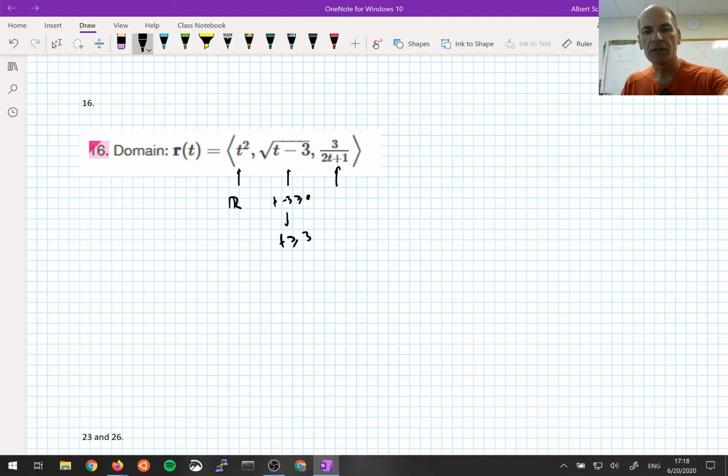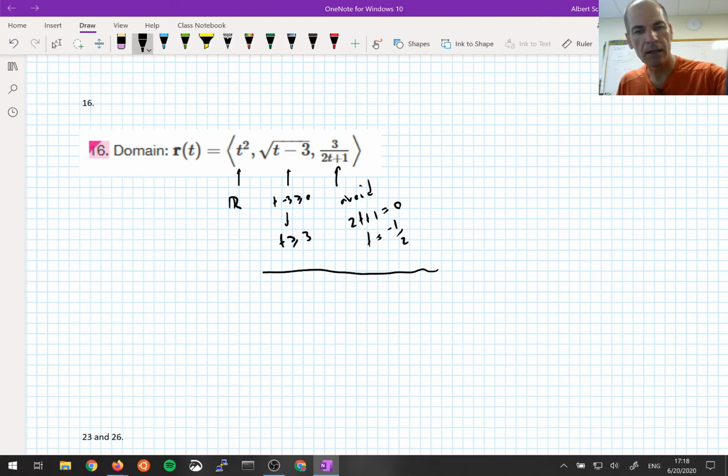And in the third, we have to avoid what? We have to avoid the denominator being 0. When is the denominator 0 here? Well, set 2t plus 1 equal to 0 and solve for t, and you get negative 1/2. All right, if you put that on a number line, this is the real numbers. Here's 3, so we're okay if we stay bigger than or equal to 3.